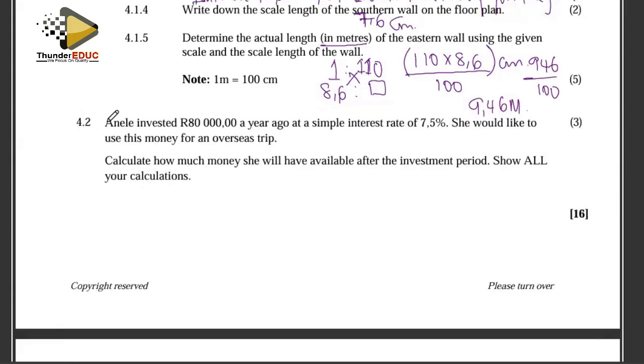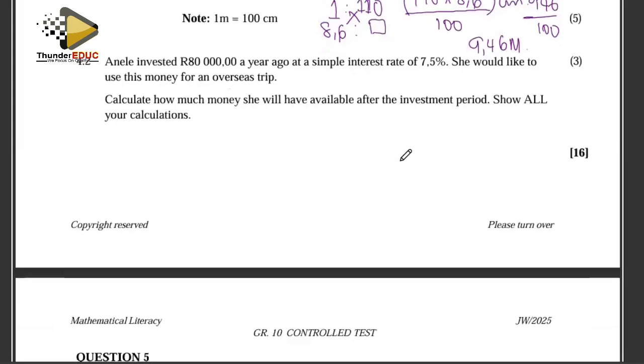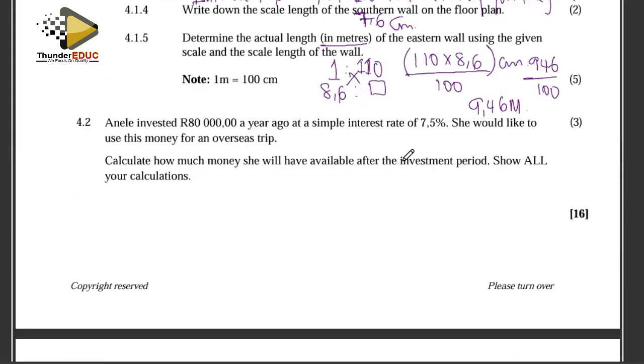Okay, Annelie invested 80,000 a year ago at a simple interest rate of 7.5%. She would like to use this money for an overseas trip. Calculate how much money she will have available after the investment period. Show all your calculations. And what are we going to do? Remember, the moment it's simple interest, you know what to do. Right? Have they told us a period? They never. So it's 1 year.